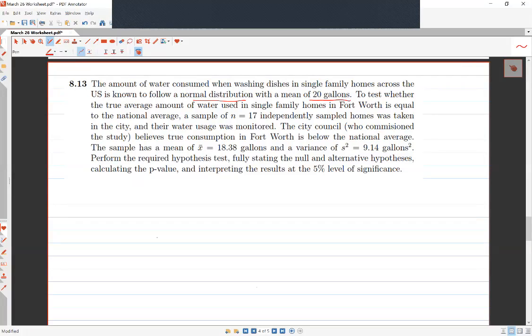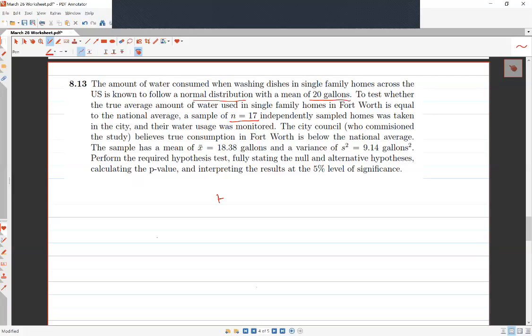We want to test whether this national reference number of 20 gallons also holds in Fort Worth. So we are going to take a sample of 17 homes and monitor their water usage. The City Council believes that Fort Worth is actually below the national average.